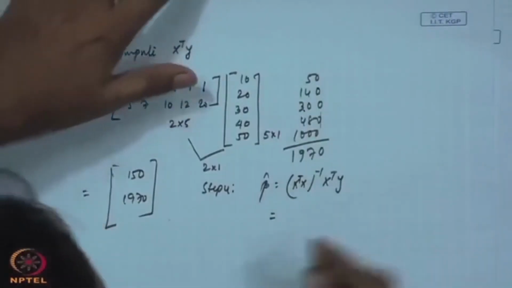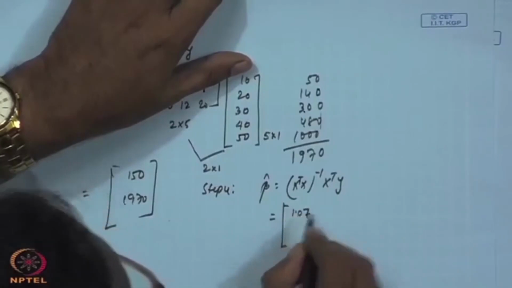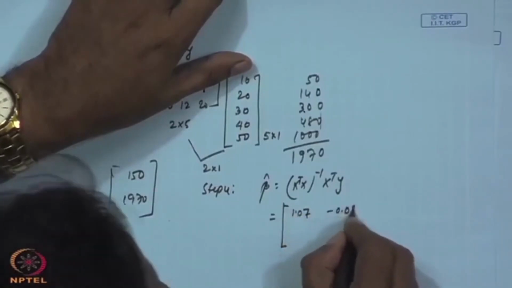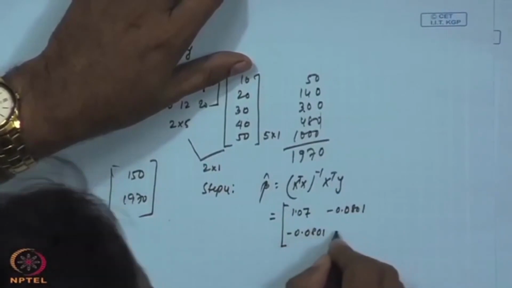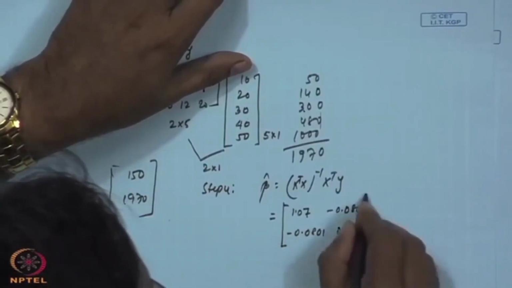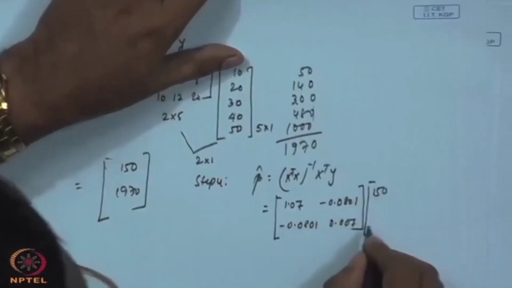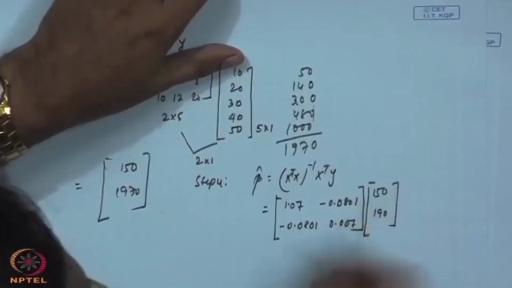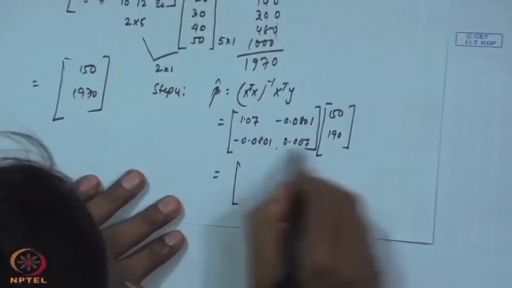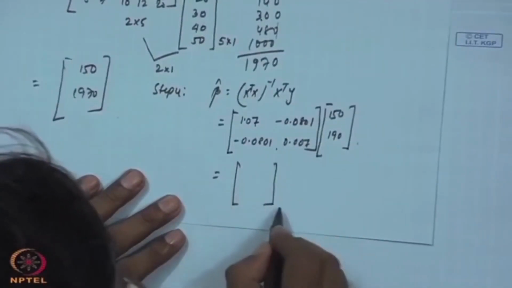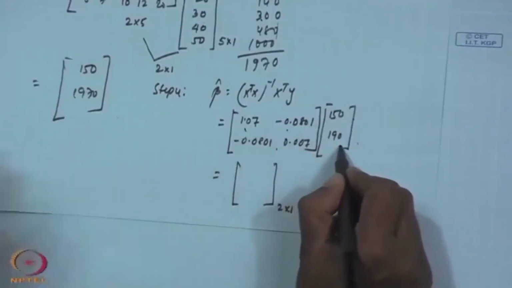Yes, x transpose x inverse is 1.07 minus 0.0801, 0.0801, 0.007 into x transpose y is 150, 1970. So this quantity will be, this is 2 cross 2, 2 cross 1, it will be 2 cross 1, this into this minus this into this.